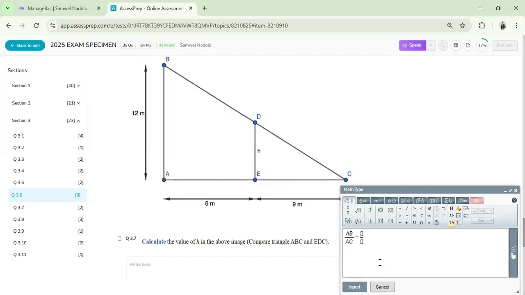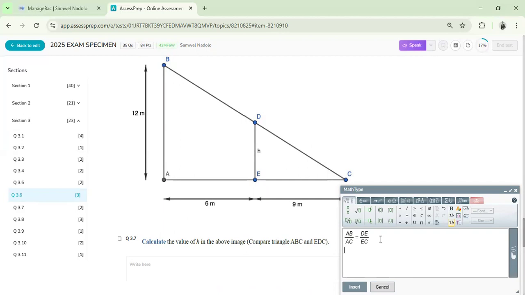AB over AC will be equal to, what side is similar to AB? It is side DE. DE divided by which side is similar to AC? It is side EC for the smaller triangle.